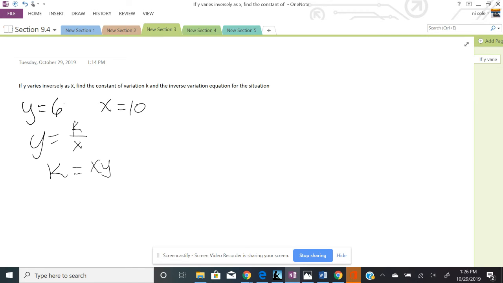I'm going to plug in my x and my y. So the x is 10 times 6, which equals 60. So k is equal to 60. Then I'm going to plug the k in, so y is equal to 60 divided by x, and that's my inverse variation equation. So I have one answer, k is equal to 60, my constant is 60, and my equation is y equals 60 over x.